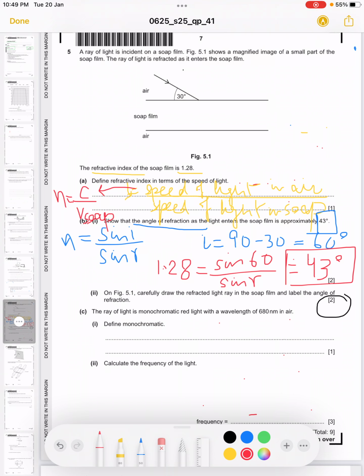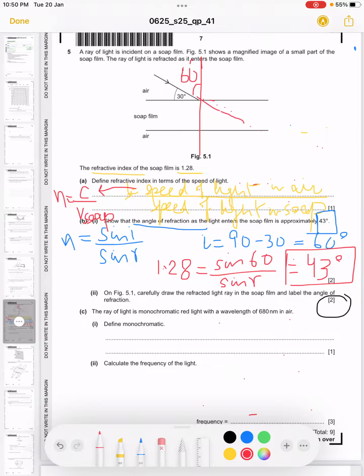The first one is that before drawing any incident light or the refracted light, it's compulsory to draw the normal with the surface. And we know that the angle is 43, so it is clear that our incident light must bend towards the normal. This is 60.